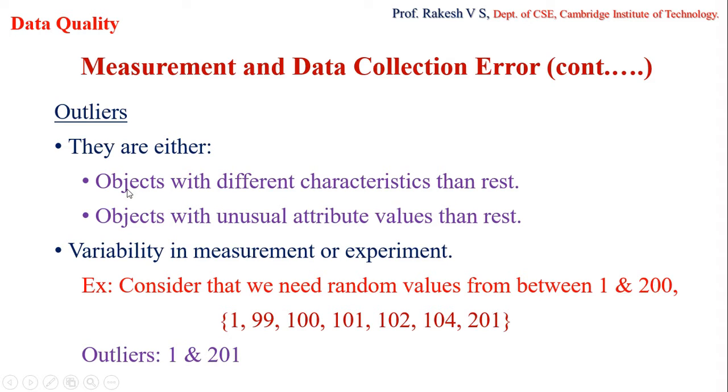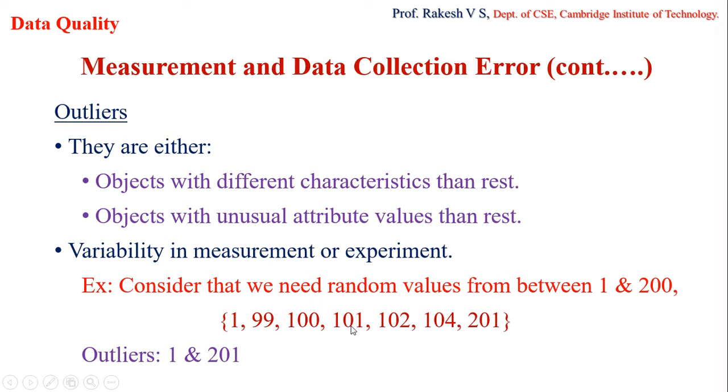That is the object with an unusual attribute value compared to the rest. So this is an outlier with respect to the second characteristic I mentioned here, because this 201 will not or should not come in this particular range, but we have collected it. Now consider the rest of the values, 104, 99, 100, 101, 102, 104.